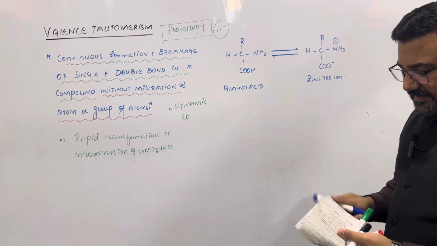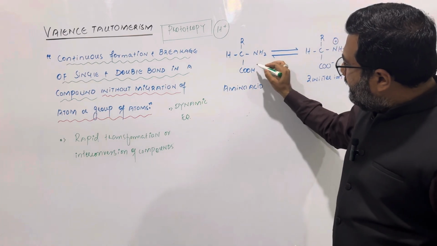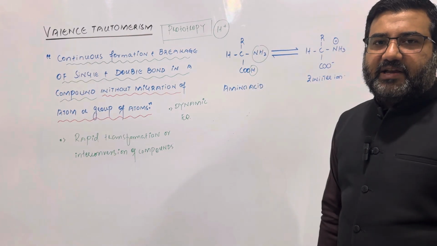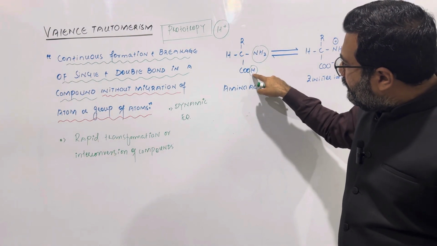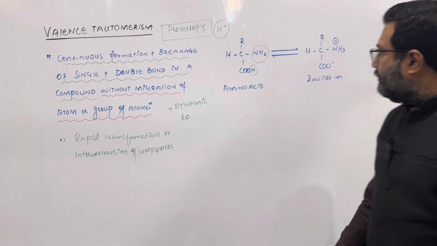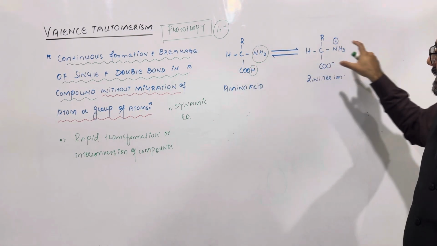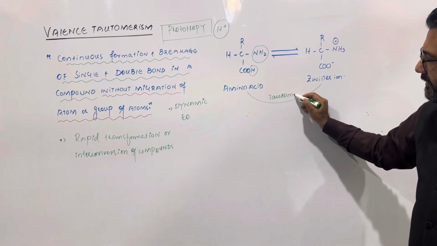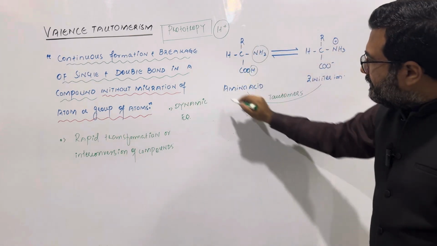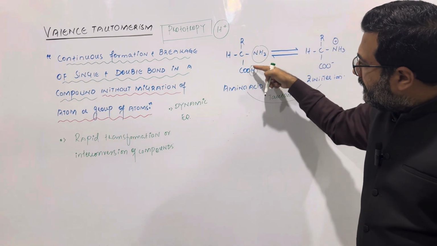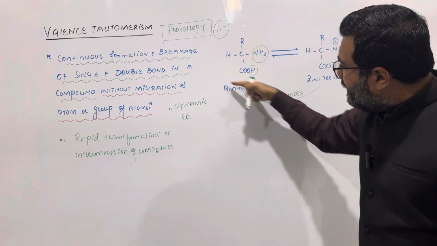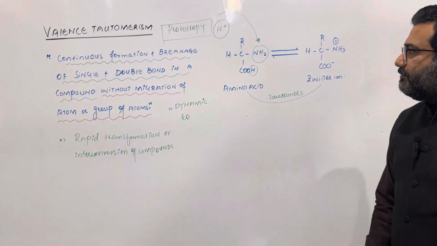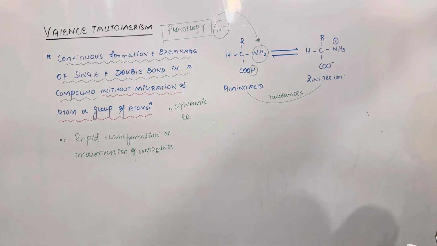Now my dear students, in this particular case, this hydrogen atom is shifted from this carboxyl group to this amine group, and this other form of the amino acid is created. Now these are two tautomers of each other, and this type of the shifting of the atom from one part to the other part within the compound is called as the prototropy, or prototropism. So this one is an example of the prototropism.